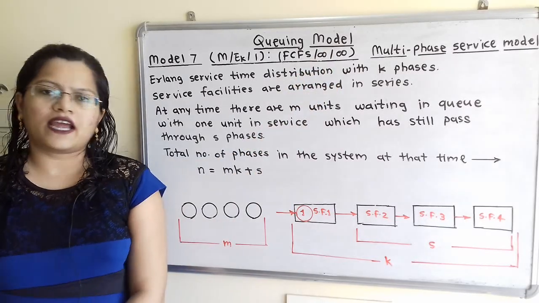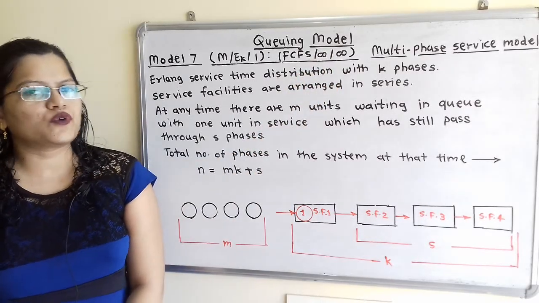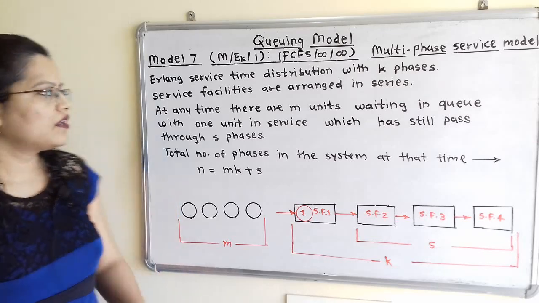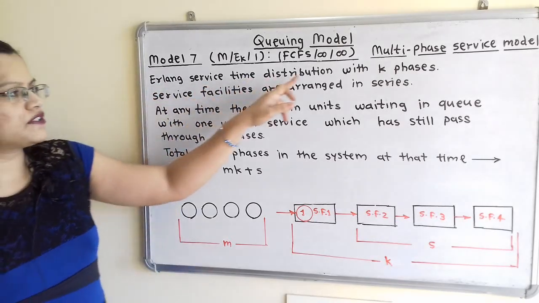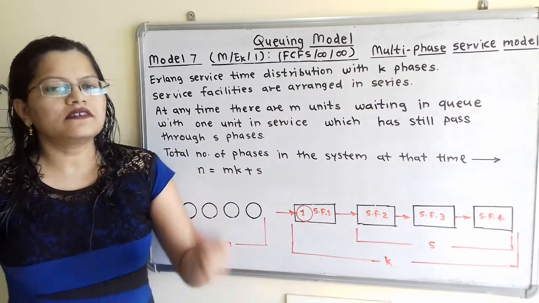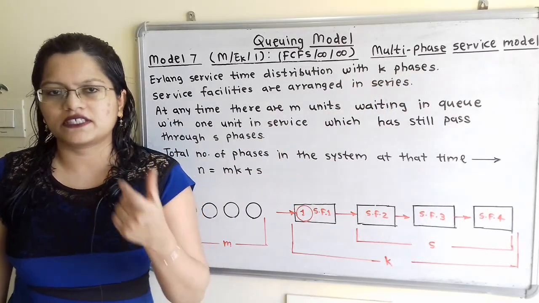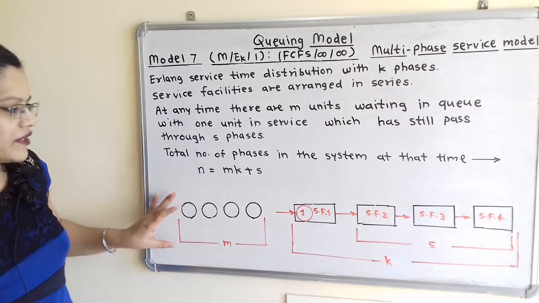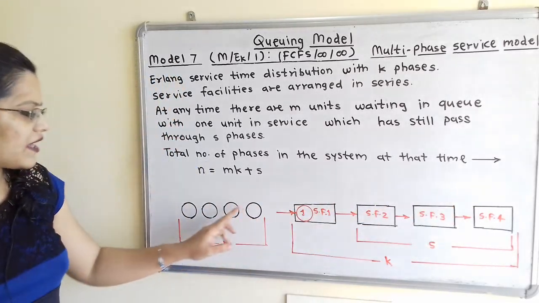Let us understand the characteristics of this queuing model 7. Here Erlang service time distribution is with K phases. Now we will understand the meaning of K phases with the help of a diagram. If we observe this system, here are the units.